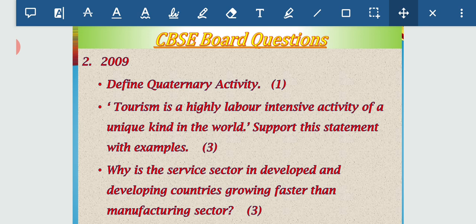So as a result, many people who are employed in the manufacturing sector are now switching their jobs to the service sector. First of all, because of this sophisticated technology. Secondly, manufacturing companies need a large number of people in non-direct production sectors also.